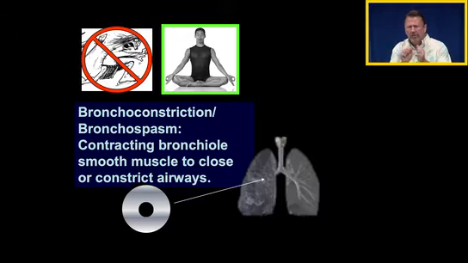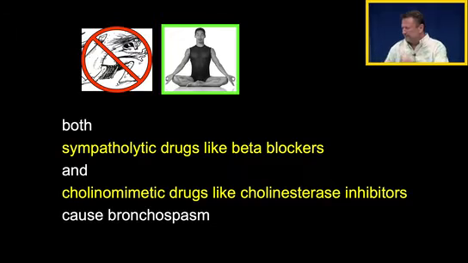They'll tell you, oh, well, this drug affects the heart. And it's like, no, the drugs affect all of the organs in the autonomic nervous system, and that's the point we're trying to make today. So sympatholytic drugs like beta blockers and cholinomimetic drugs like the cholinesterase inhibitors cause bronchospasm. I think we made that point.